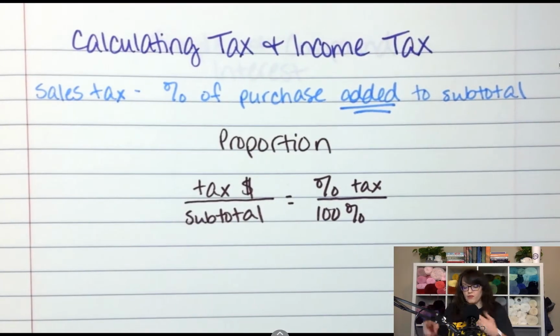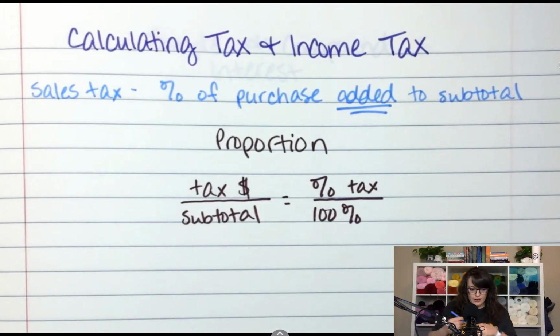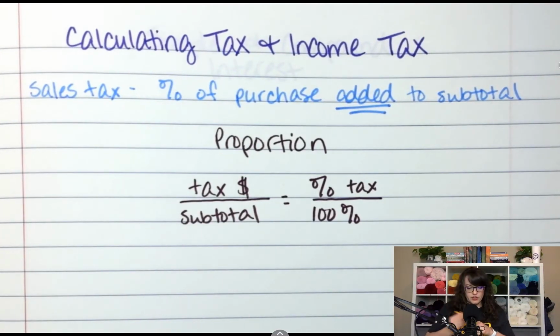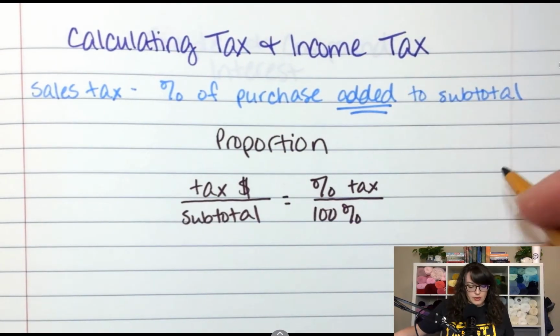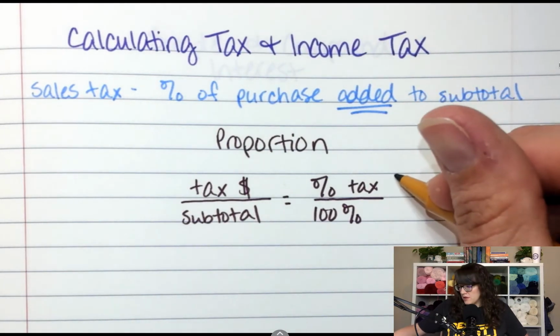So in Fort Worth, in our area, sales tax is like 8.25%. So for this tax, I would put 8.25.